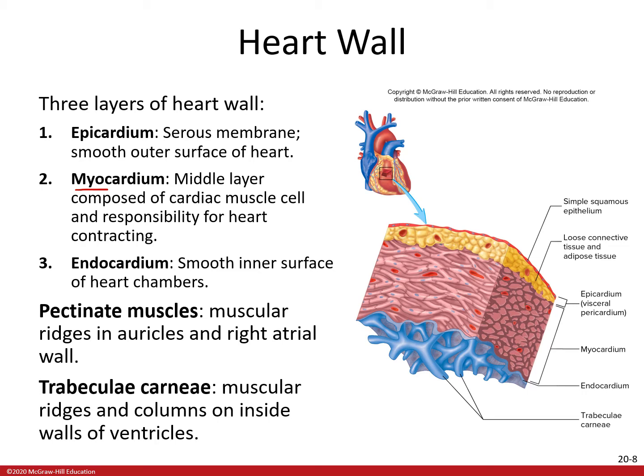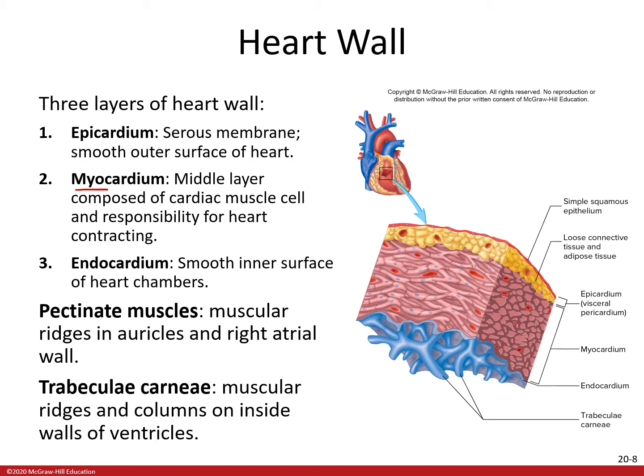This is going to be incredibly smooth, especially on the inside walls of the ventricles. We want this to be nice and smooth in order to not cause too much friction between blood and the inner layers of the heart. We don't want that blood to be lingering in any of our chambers. We want it to slide along nice and easy.